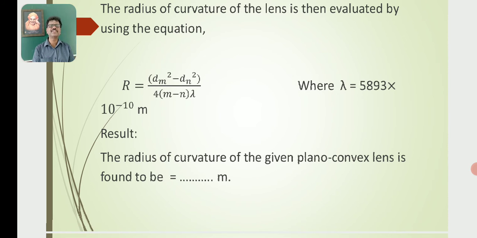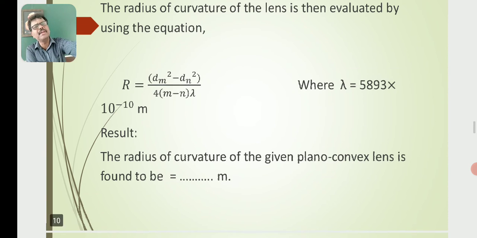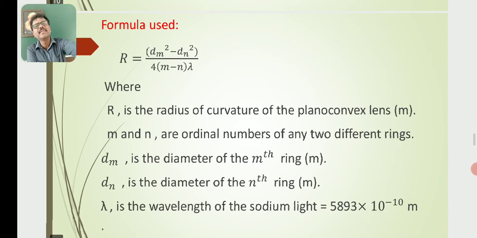Then the result: the radius of curvature of the given plano convex lens is found to be the value you get in your experiment. The formula we have used, as I said earlier, is R is equal to dm square minus dn square by 4 into m minus n into lambda, where R is the radius of curvature of the plano convex lens.